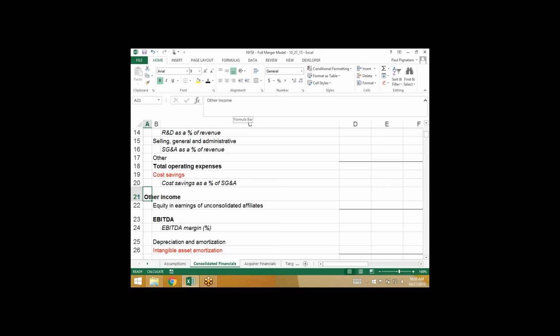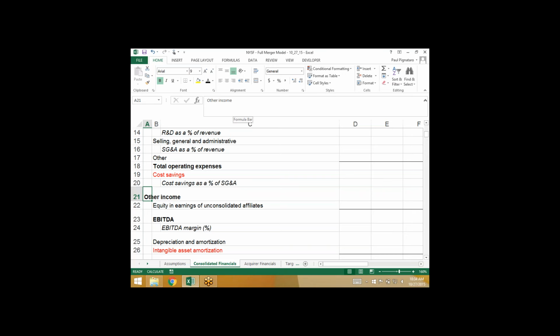You consolidate the financials. So if you think about that, we're basically looking at the acquirer's earnings in unconsolidated affiliates and the target's. Do you combine them? What do you do?